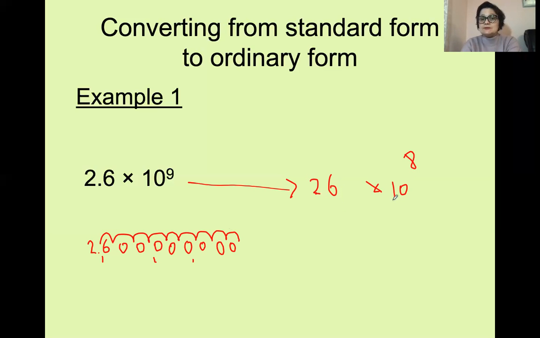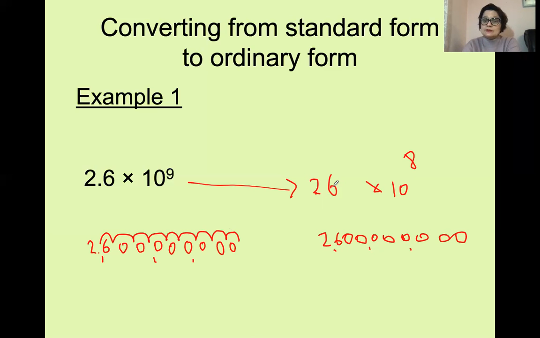And then now you can simply add another 8 zeros. So 1, 2, 3, 4, 5, 6, 7, 8. So then, of course, our number is exactly just like this number.